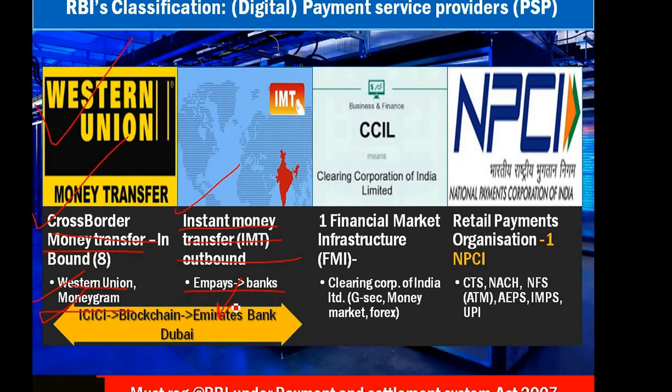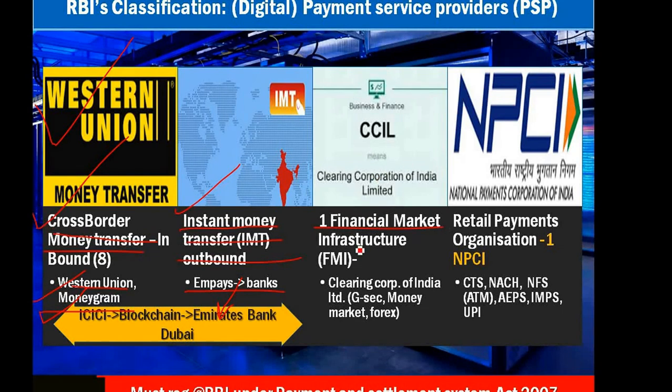Second, we have instant money transfer: if you want to send money to a foreign country, then we use instant money transfer. Whereas the first service, Western Union, is used to receive money from a foreign nation, meaning incoming traffic.